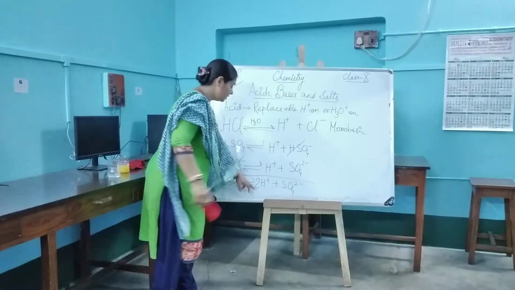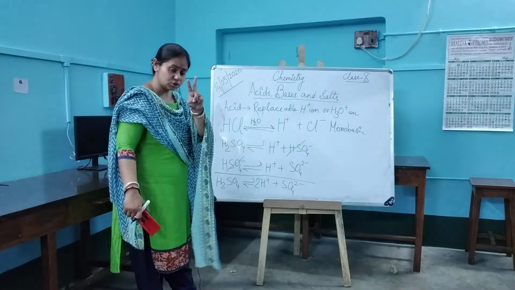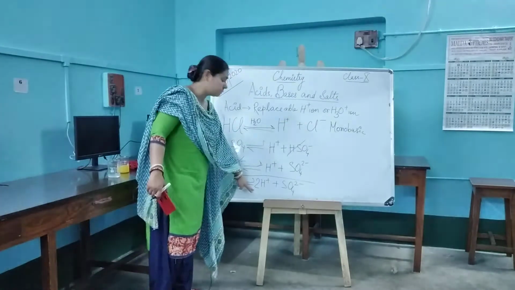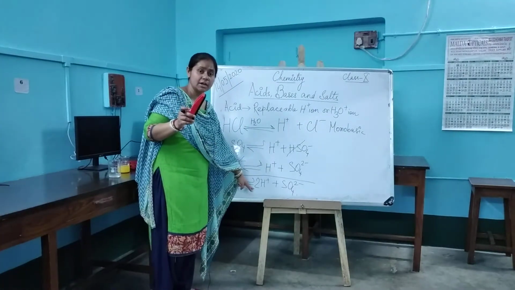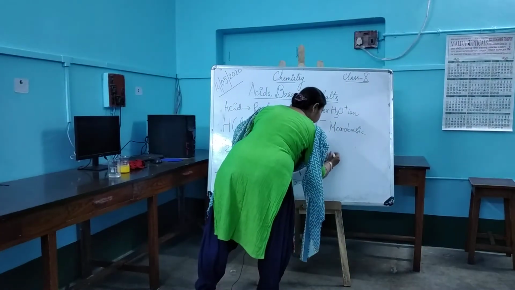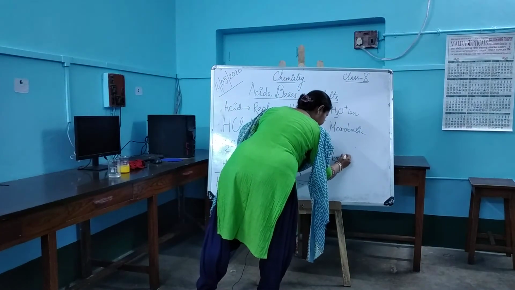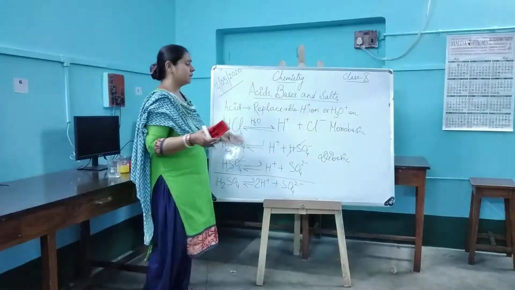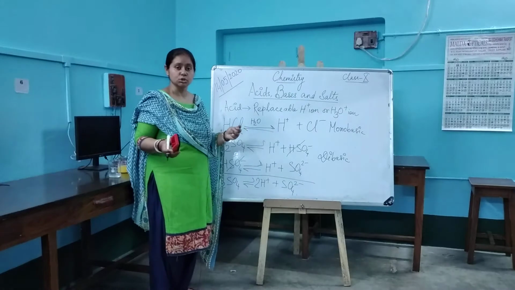That is why you see two replaceable hydrogen ions are present here, and because of the presence of two replaceable hydrogen ions, we call it dibasic. Is it clear to you? Similarly, you can write it for the tribasic also.